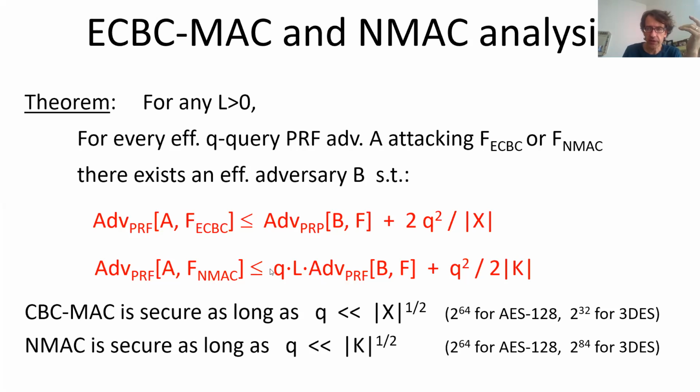Because if the first block in all these Q queries is different, then the second key and these are already new instances of the PRF. So the reduction is more complex, and also typically the key space is smaller than the space of X, right? Like for example, for DES.